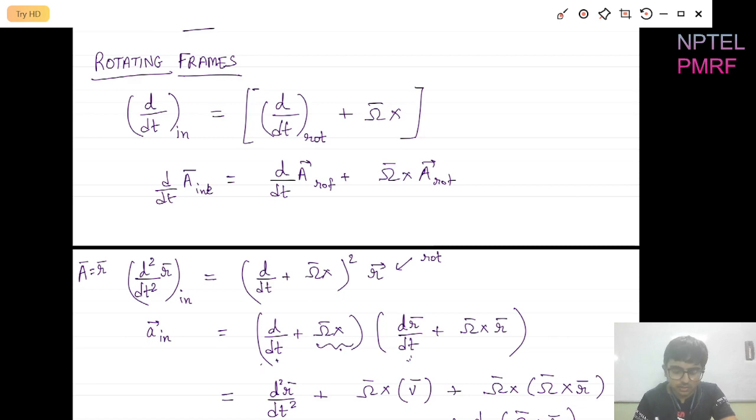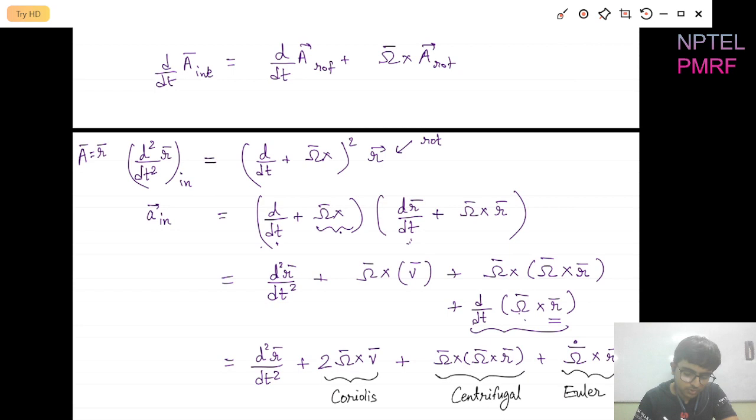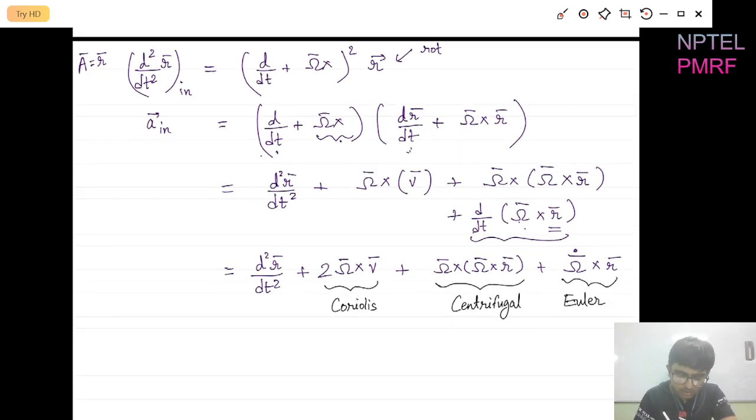So you can apply this on any vector. You may as well apply it on the vector r itself, that is the displacement vector. So at the end, you can get the formula for acceleration in inertial coordinates, which is related to different quantities in your rotating frame.